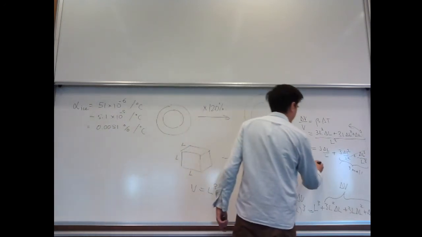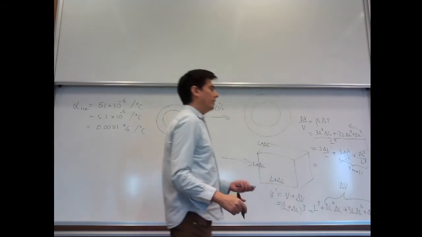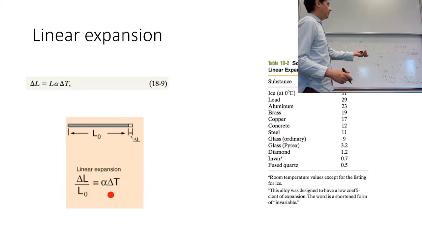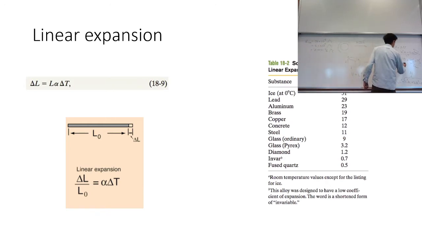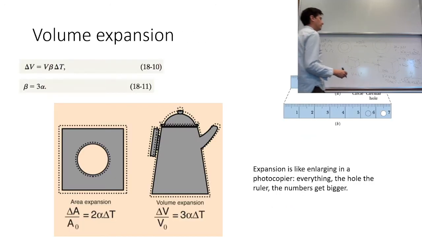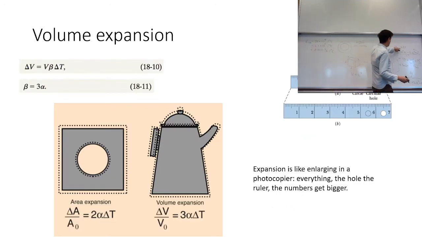And then the delta L on L is what we already wrote down over here, so this is 3 alpha delta T. By looking at this one and this one, we can see that beta is equal to 3 alpha.